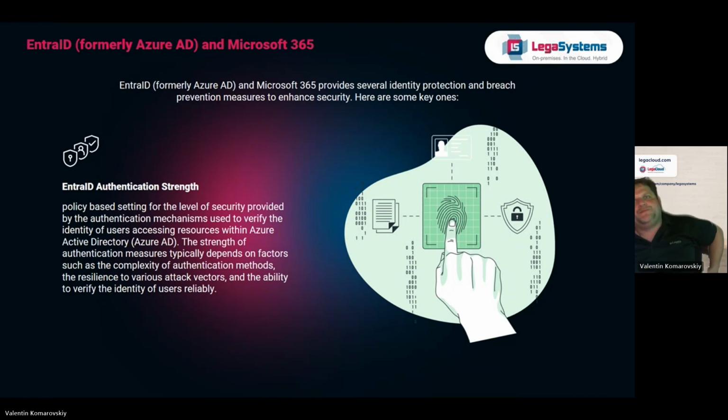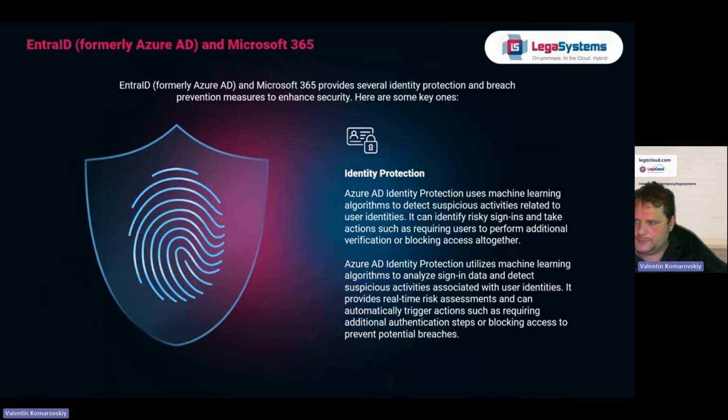You could have lower access requirements with just password and MFA to access Office 365. But if somebody wants to access, let's say, Microsoft Dynamics, which is a connected app, you can require password plus MFA plus a company-owned device or verification via their email. So you can choose what works better for you.